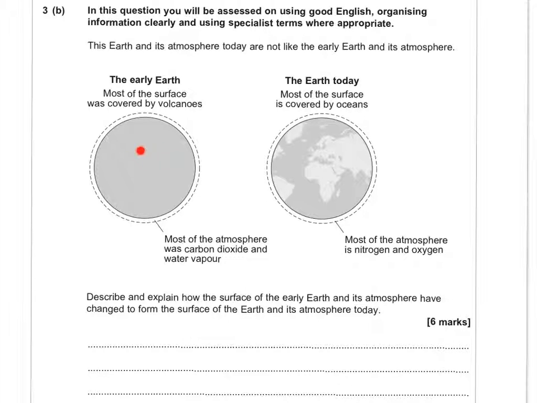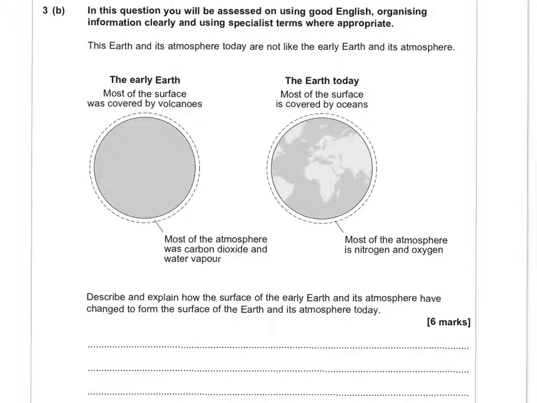So we've got here the early Earth, and it's covered by volcanoes. Most of the atmosphere was carbon dioxide and water vapour. Then we've got the Earth today. Most of the surface is covered by oceans. Most of the atmosphere is nitrogen and oxygen.